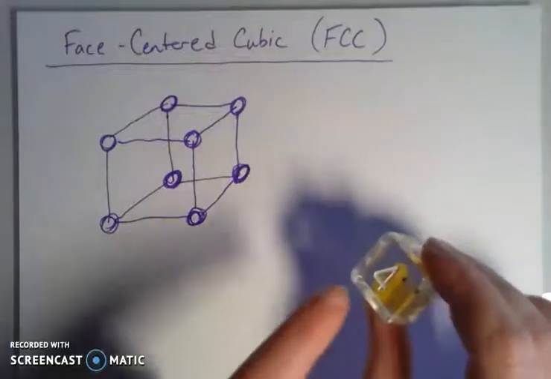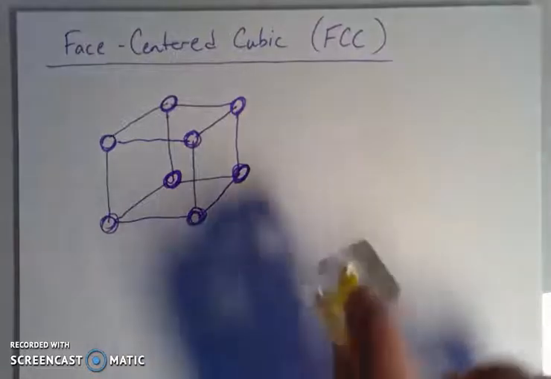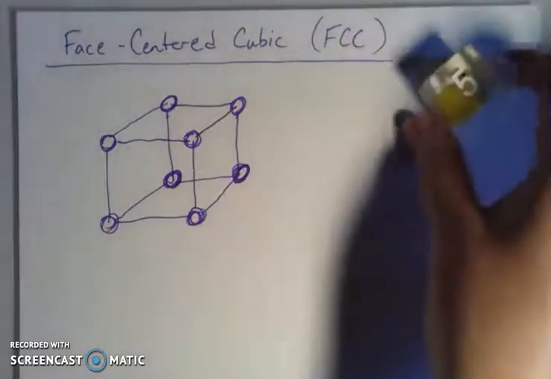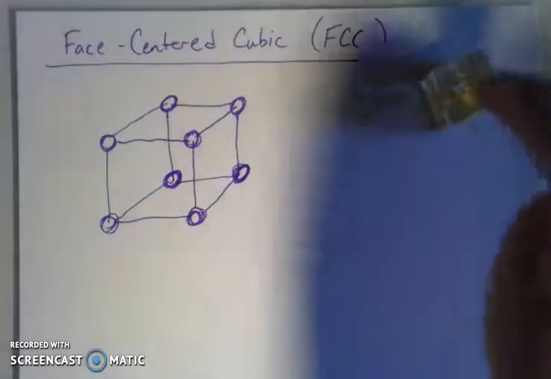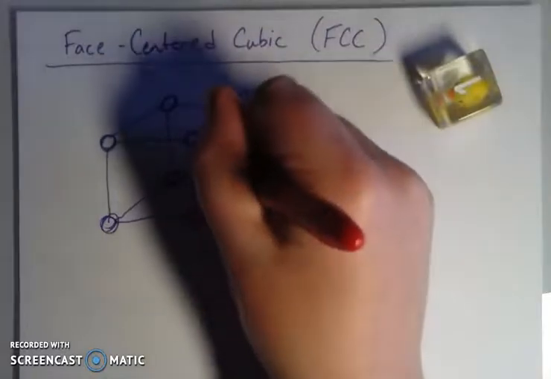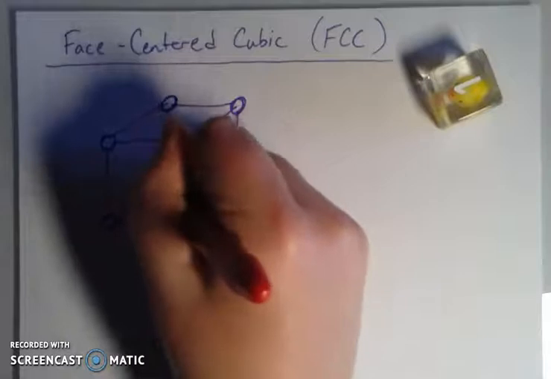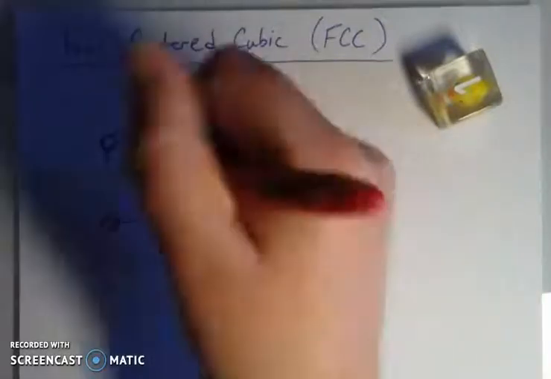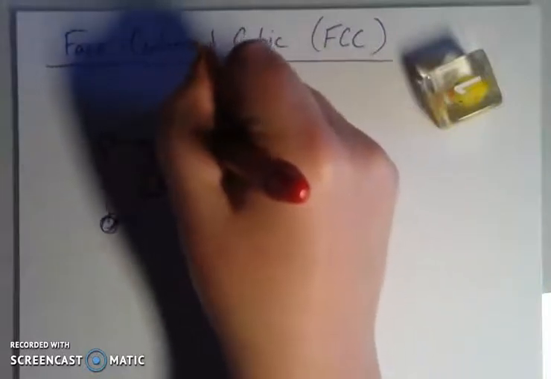If we picture an atom at the face of each of these surfaces, so we're picturing the cube here, then if I have an atom on each of the faces, we can draw it like this. I try to draw it in alignment with the plane, but again, we're picturing these things in 3 dimensions.